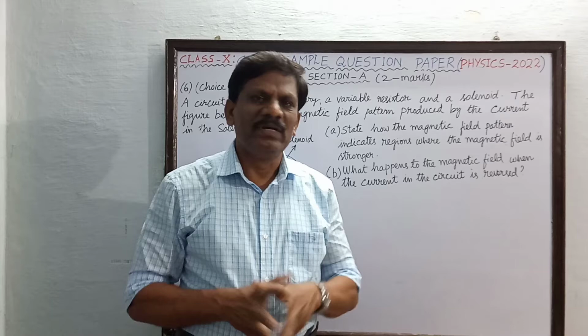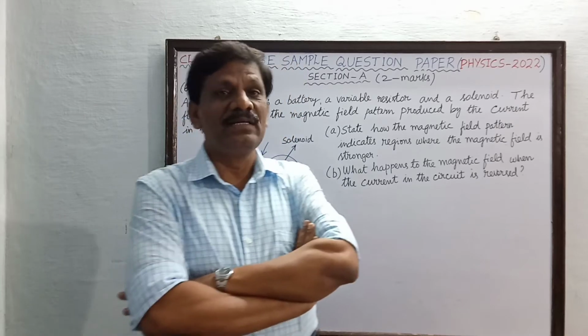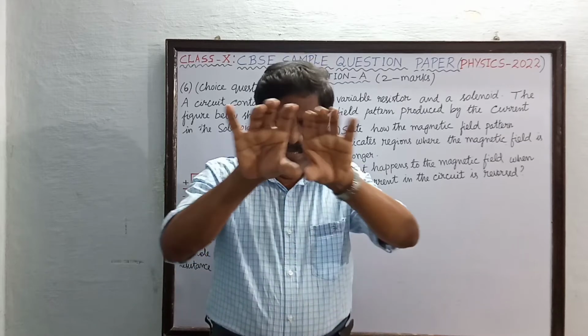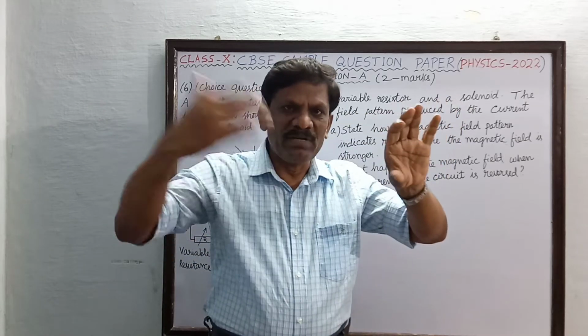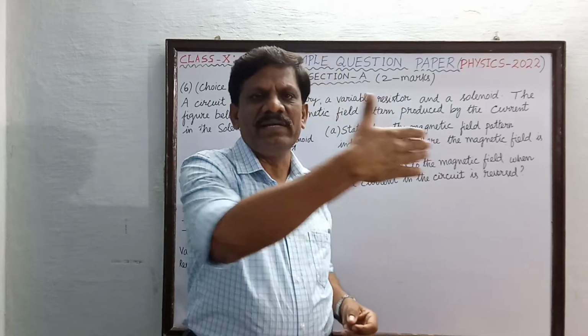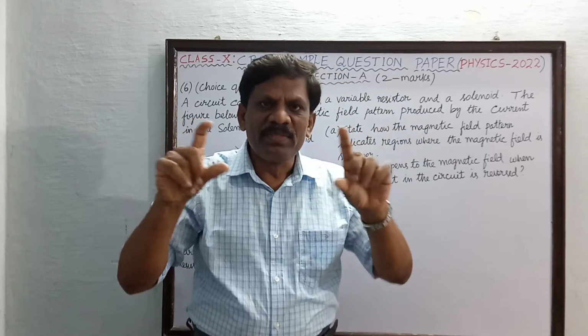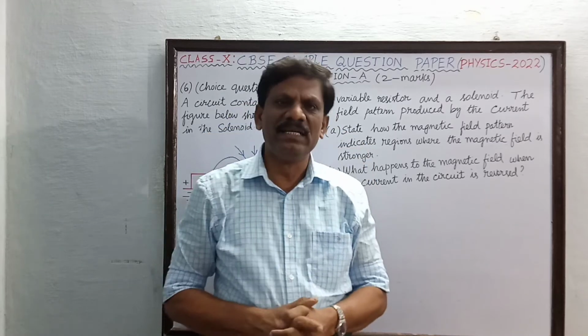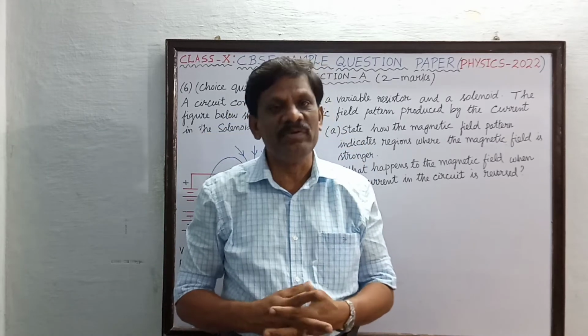Okay, we have already studied in the regular class, is it not? When current is passed through a solenoid which is cylindrical in shape, having so many circular turns, the magnetic field inside the solenoid will be very strong and it will be uniform. Is it not? The field inside the solenoid is uniform.